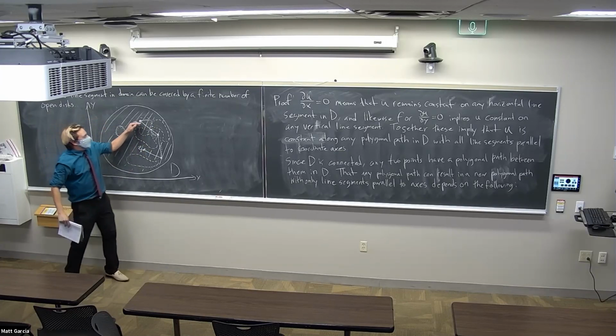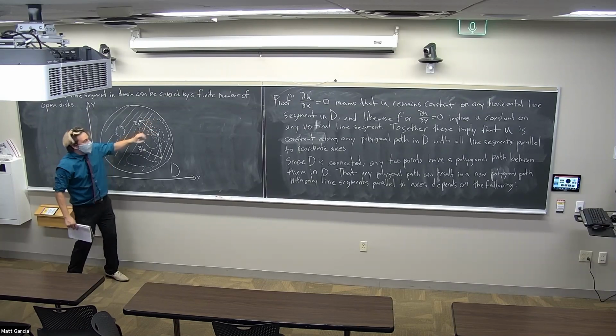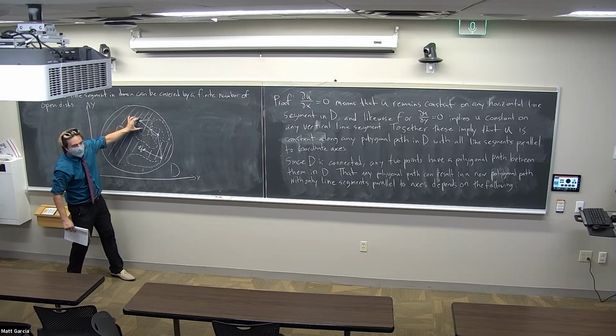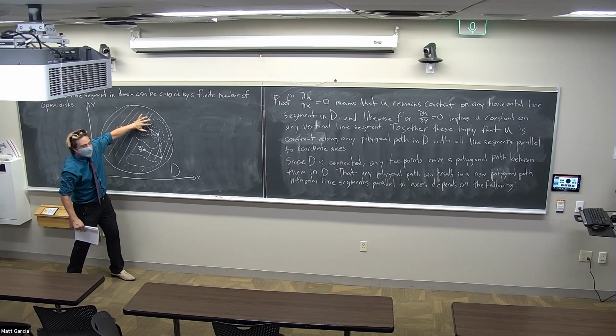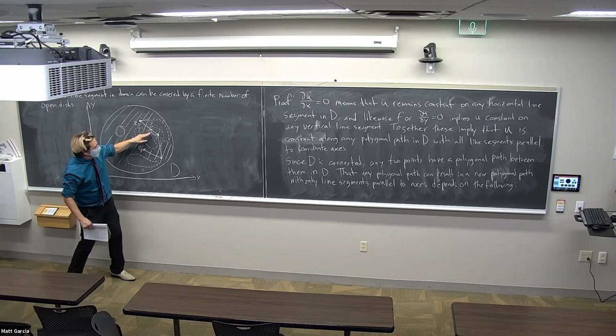How do I ensure that I can always miss this region that's not contained in my domain D? Well, I just find the right sized open disk that covers a portion of this first line segment as big as I can so I don't touch that. And that's as far over as I can go. And then I drop down. And then I choose the next open disk that covers this first line segment. And that's what I can do here, right?